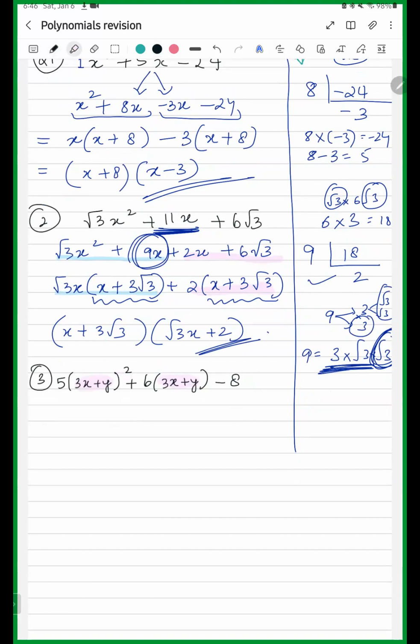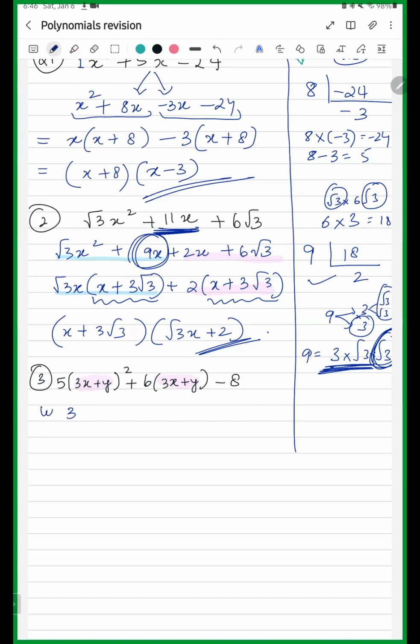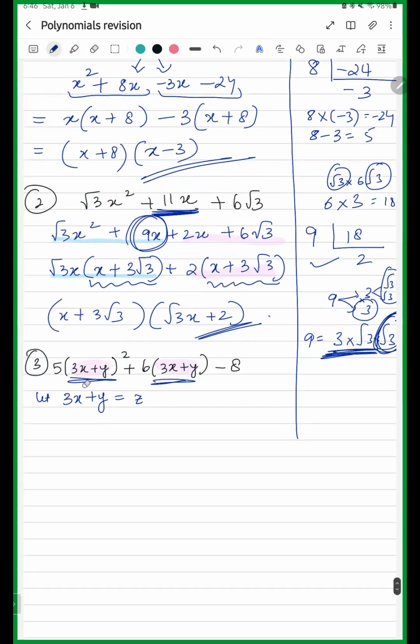So if you replace this bracket with some other variable, let's say that your 3x plus y is equal to some other variable, you can see that whatever I have colored in pink over here is acting like one variable, right?